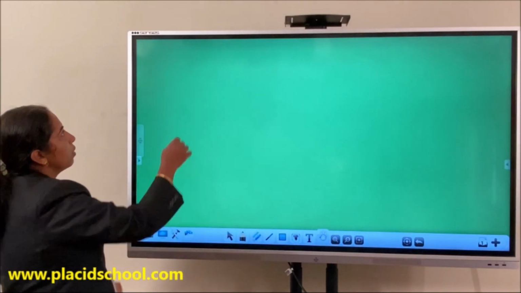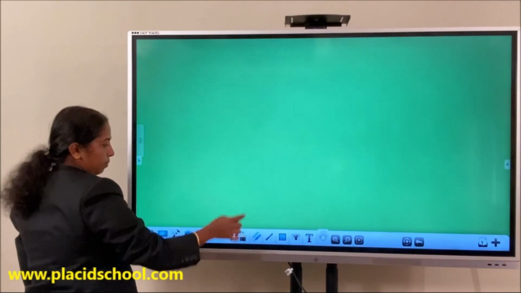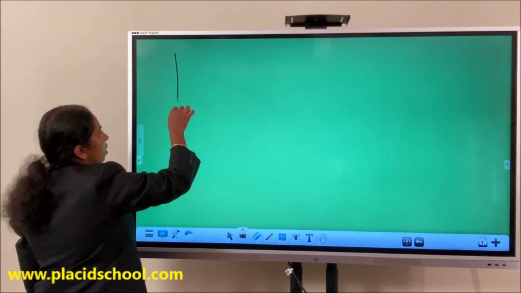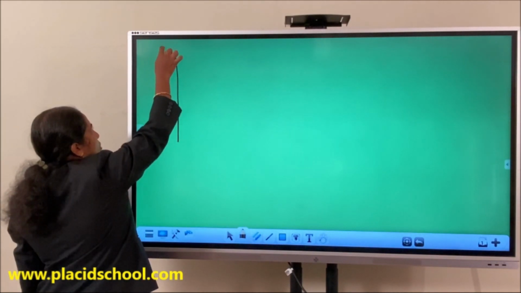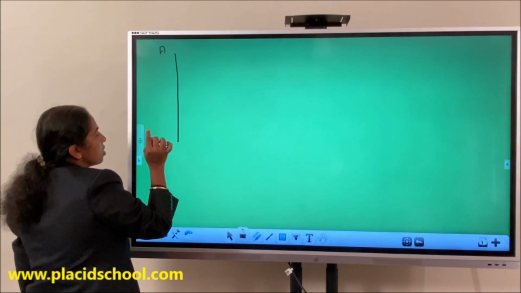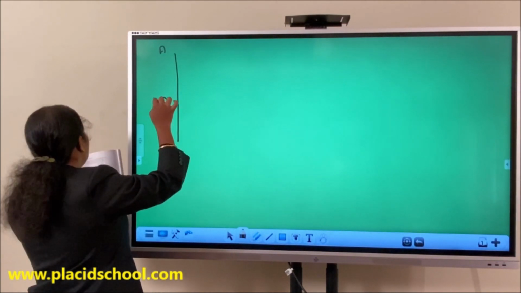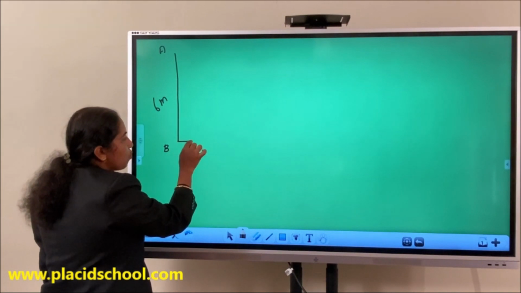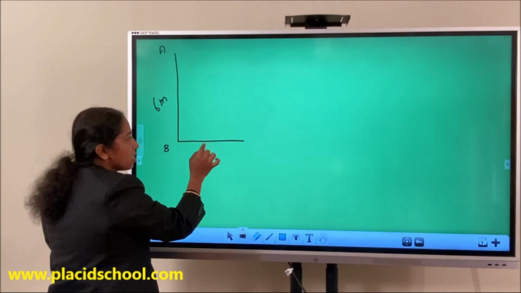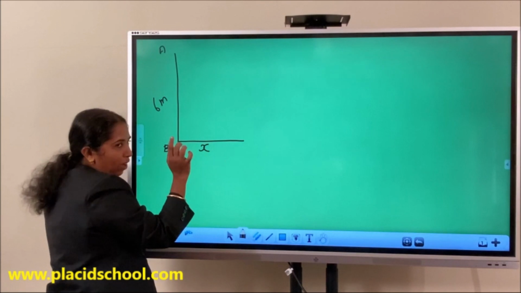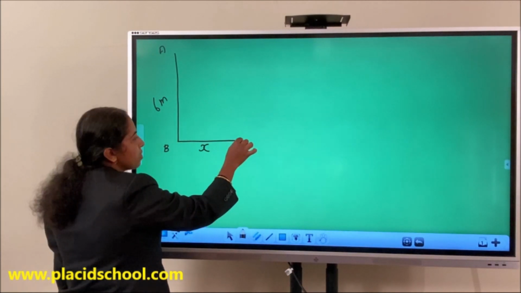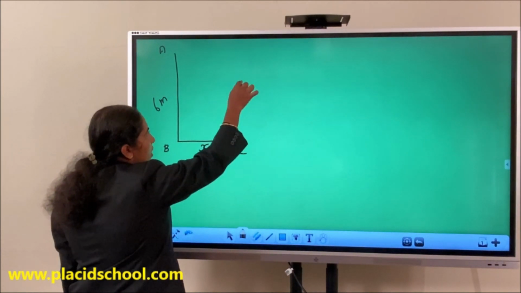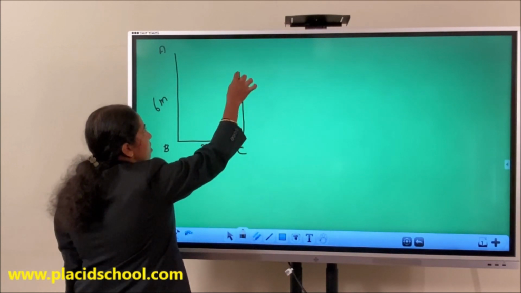Now consider this, let this be a lamp post. AB is the lamp post which is 6 meter high. A man is walking from the base. Let him cover a distance of x kilometer. Now he is at the point C. His height is CD.